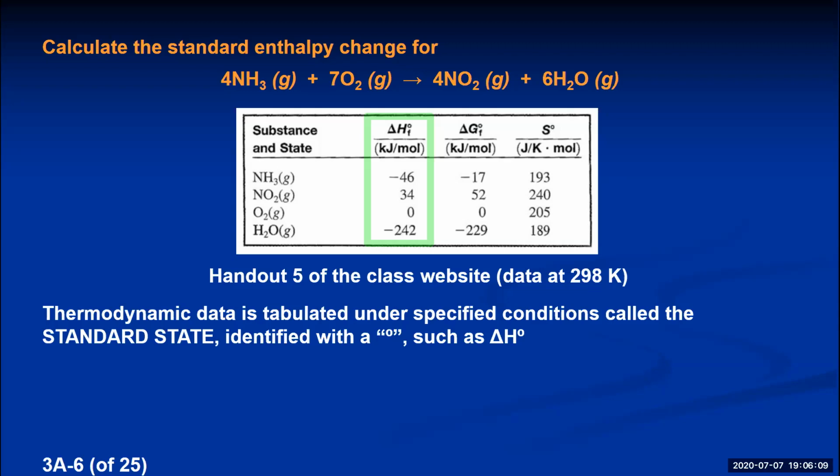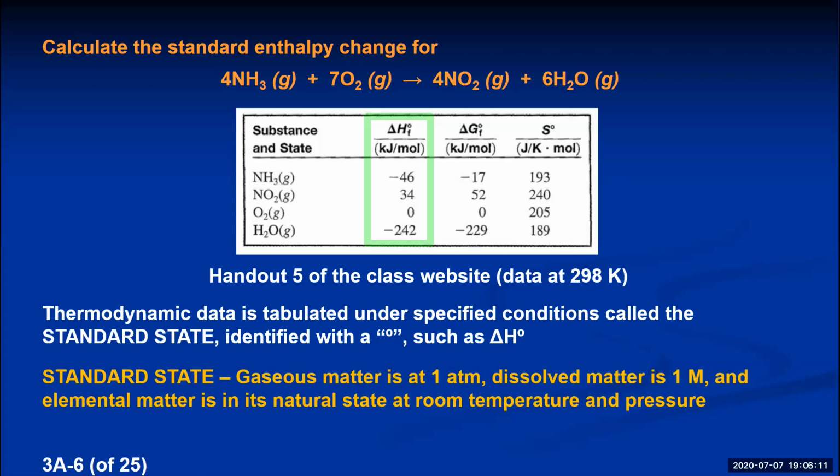What does standard state mean? Well, that just specifically says that if you have a gaseous substance, and in fact, all 4 of these substances in this table are all gases, that means that these values are tabulated assuming these gases are at 1 atmosphere pressure. If any of these substances are dissolved in water, we would assume their concentrations are 1 molar.